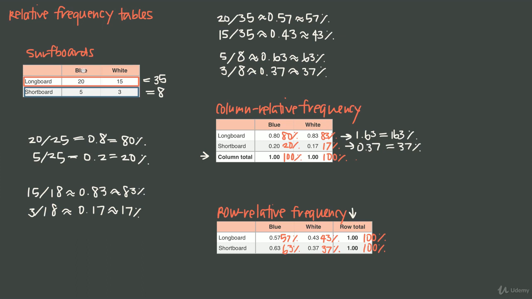Or I find the total down the column. I sum 20 and 5 to get 25 as the total for the column. Find the percentage of 20 in comparison to the column and 5 in comparison to the whole column. And then I put those numbers into my table here and find the column total as 1 or 100% and call that a column relative frequency table.